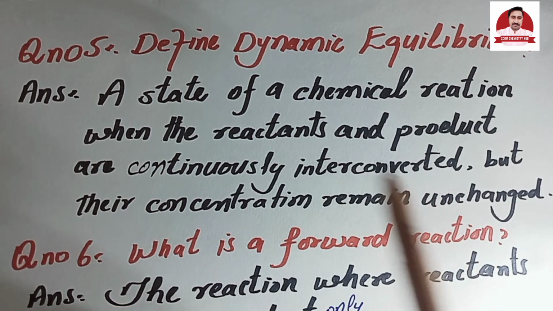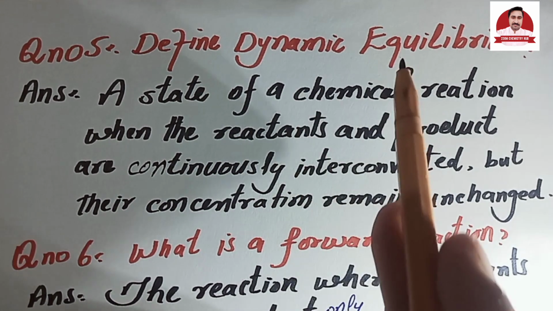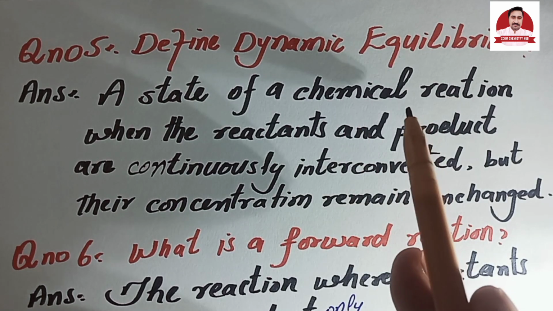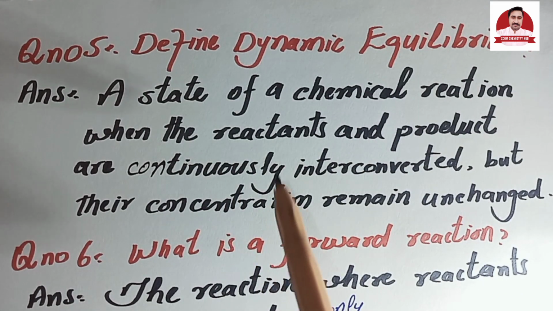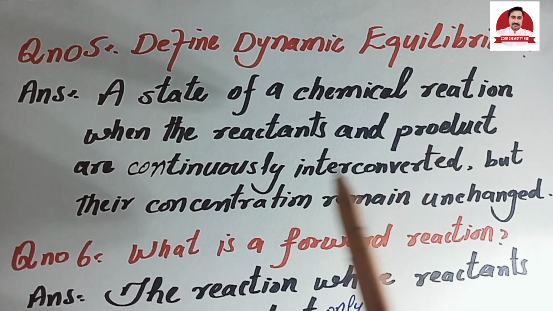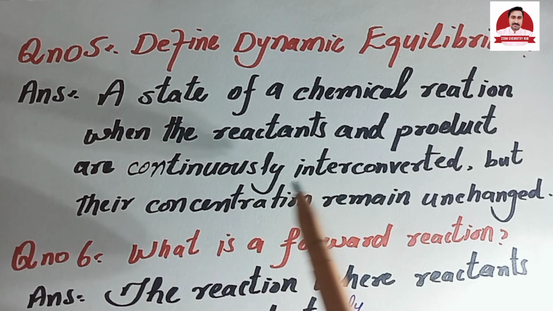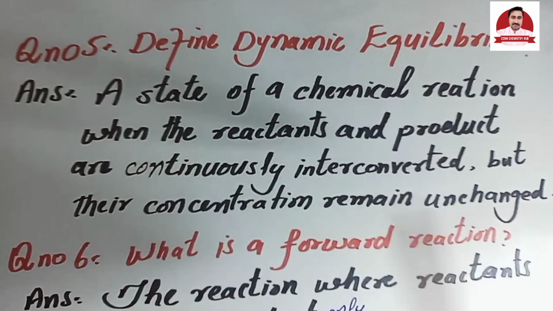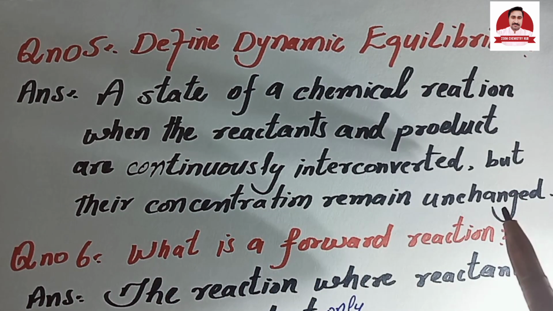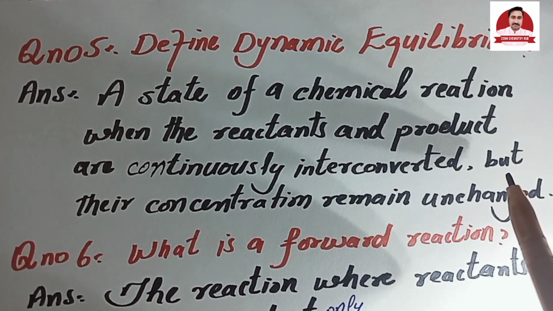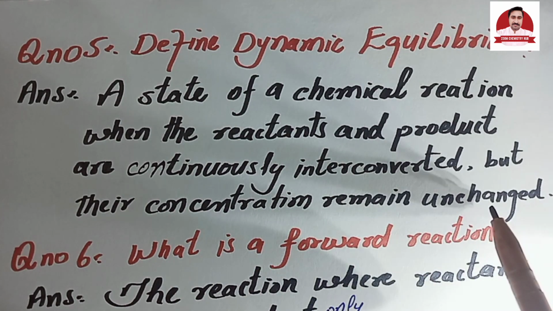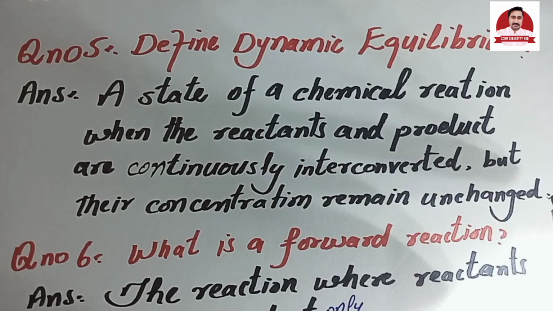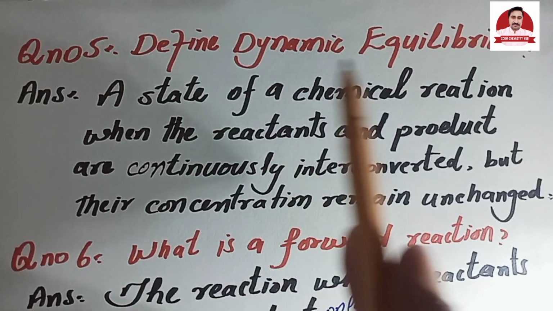That is to say, the reactant and product are continuously converted into each other, but their concentration remains unchanged, or we can say their concentration remains constant. So this is called dynamic equilibrium.